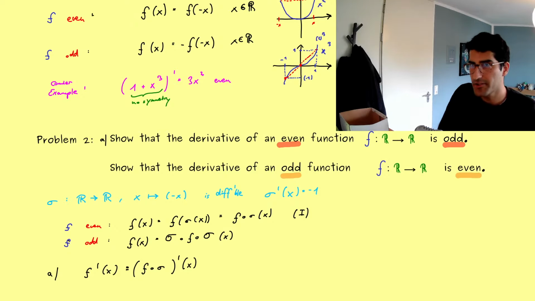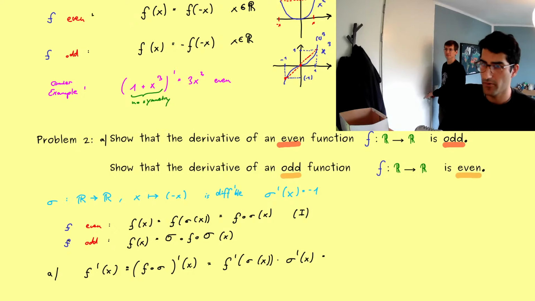Right, now let's apply the chain rule here. The chain rule tells us this is the same as f prime of sigma of x, and then we multiply with sigma prime of x.